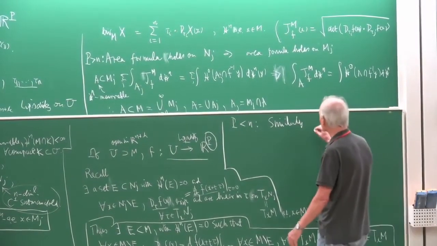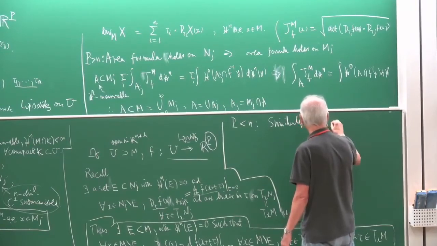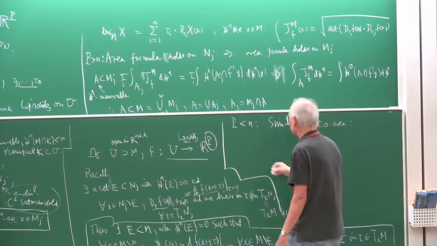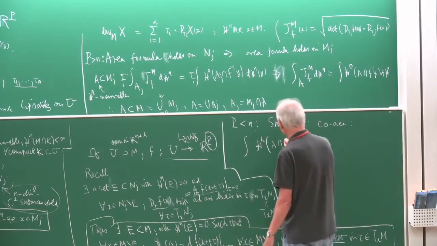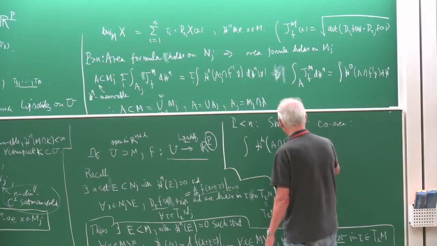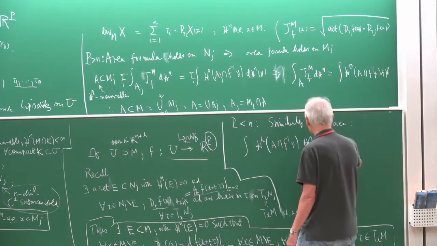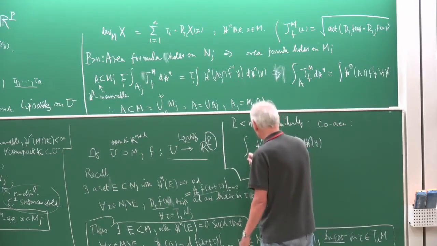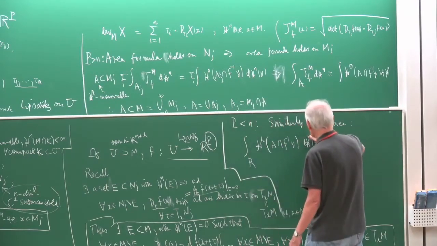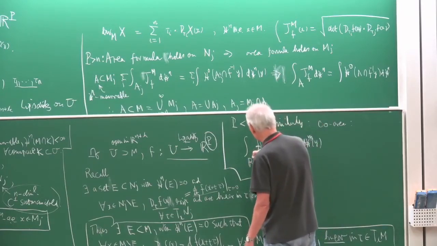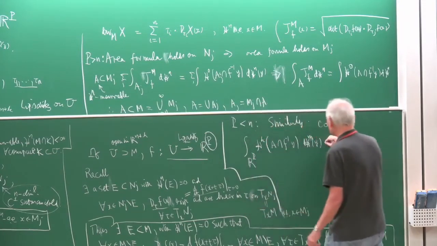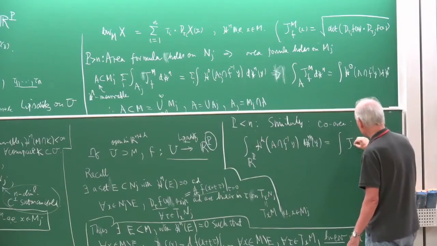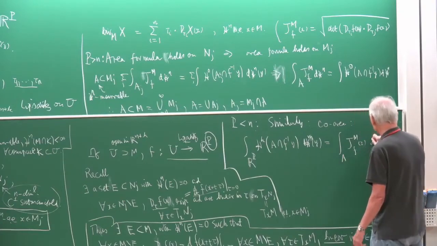And so similarly, the co-area formula for p less than n: you get nice bounds on the measure of A intersect f^-1(y), dH^n(y), and the integral over M is equal to again the Jacobian of f, dH^n.